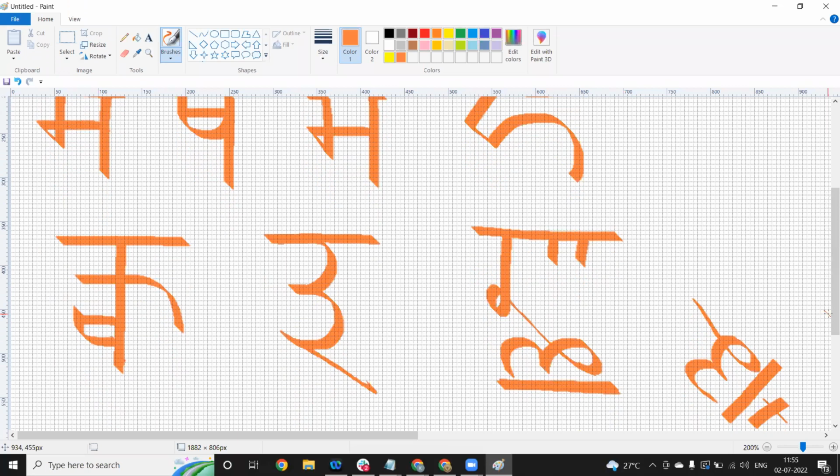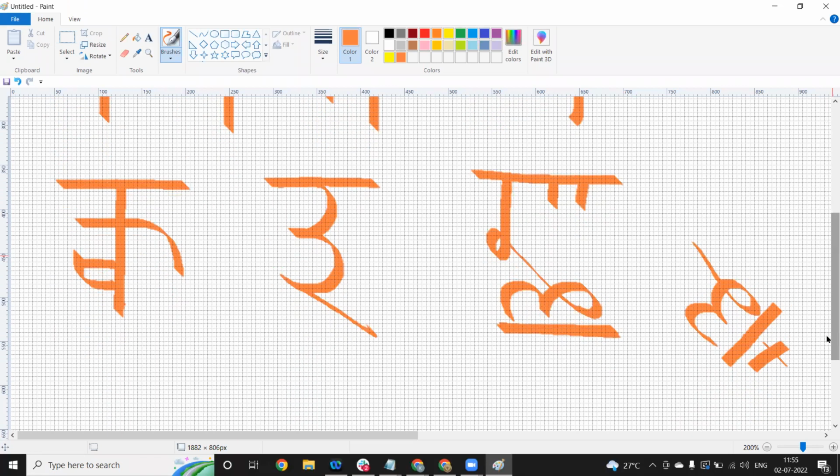Basically, all the rules of Anuswar or Visarg remain the same, because this is just a script. Just like in Devanagari or Sanskrit, usage in Sharada would remain the same. It is just the way of writing letters that is different. Otherwise the rules of writing and reading remain the same, except the formation of letters. Okay, thank you so much.